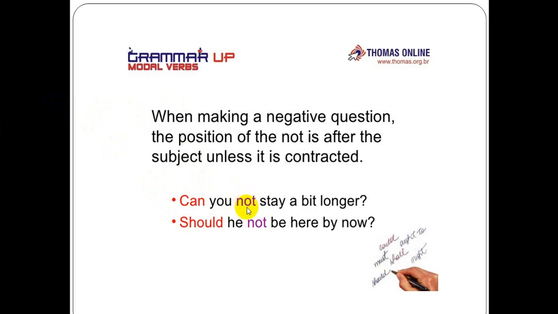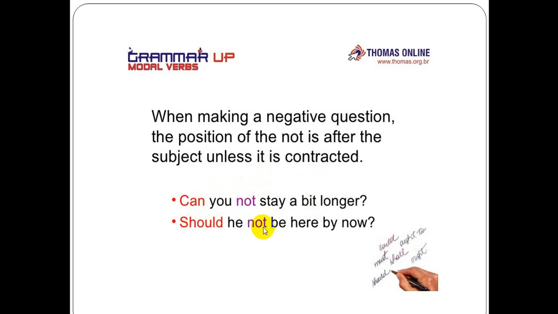Don't forget that this is formal. In the formal structure we use the more correct form. If it were contracted I would say, for example, can't you stay, but the more correct form is can you not stay a bit longer here. So we use the adverb not after the subject when making a negative question.